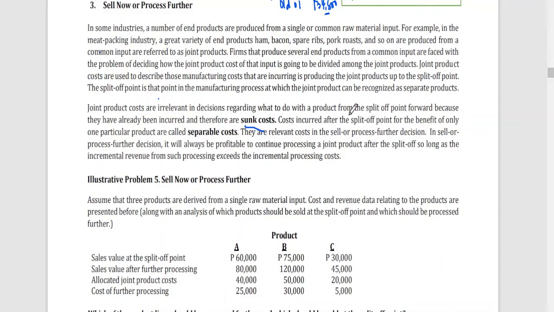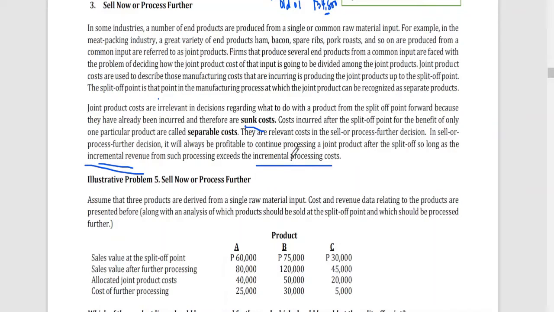After you separate the products at split off point, you can decide man if you are going to process it further para magamaog another product or you will sell it as is. So in a sell or process further decision, it will always be profitable to continue processing a joint product after the split off so long as the incremental value, which is the additional revenue, if you process the product, will exceed the incremental processing cost or the additional processing cost.